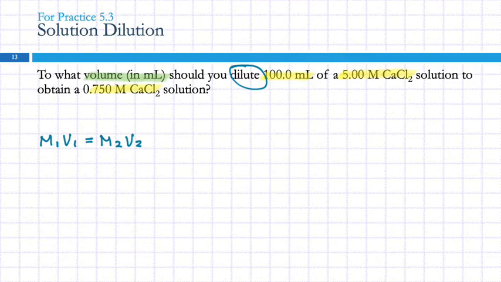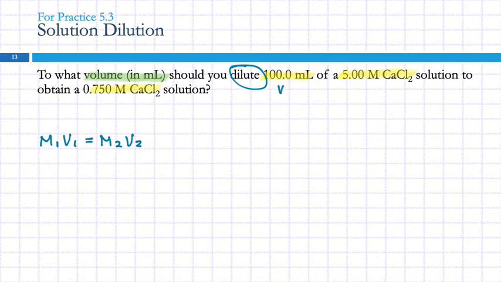So then let's identify what our given things are. Again, it's this volume of this solution. Those go together. You can call those solution 1 or solution 2, doesn't matter. But you have to pair these together. We came across those first, so I'm going to call those 1.